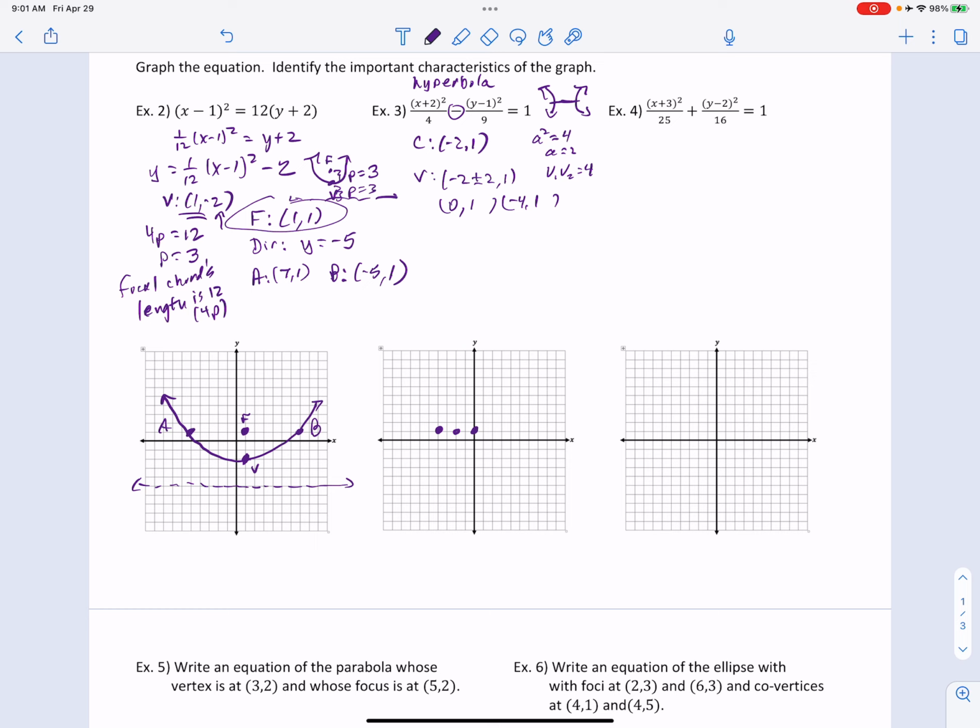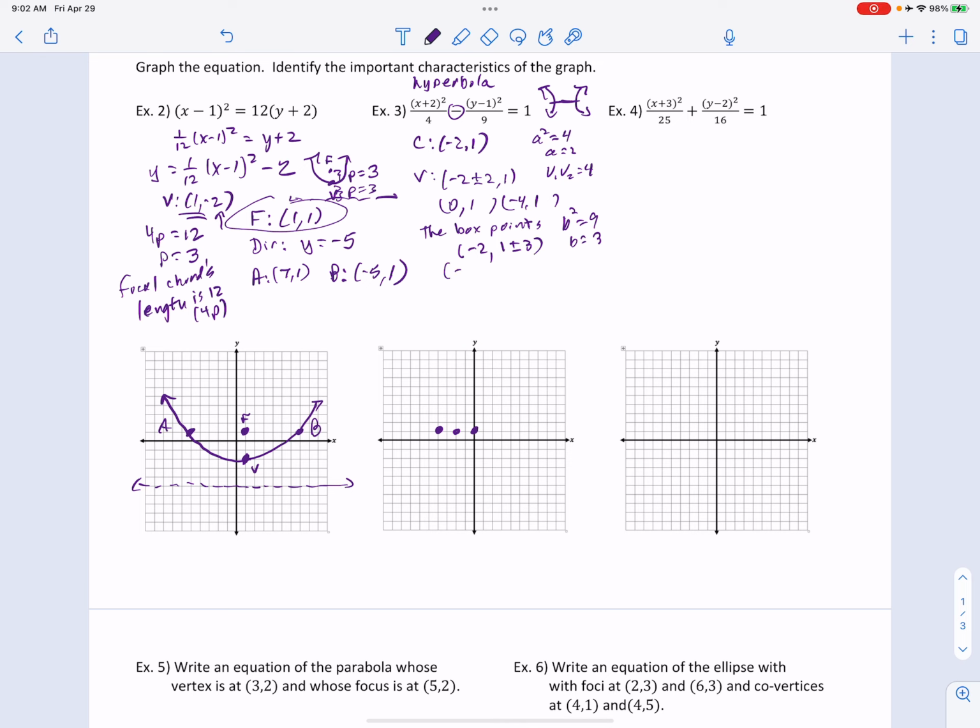But I also need other points on the box. You need to draw the box. The vertices are on the box, and the other points on the box go up and down b units from the center. And so the center is -2, 1, and we're going to go up or down b units, and b squared is 9, so b is 3.